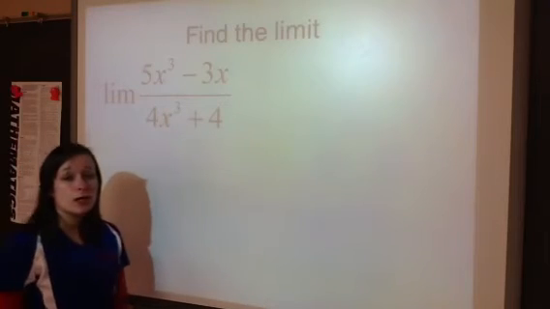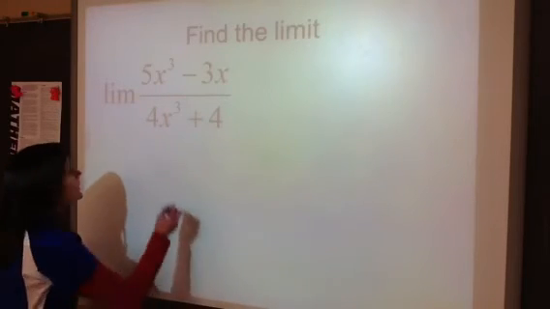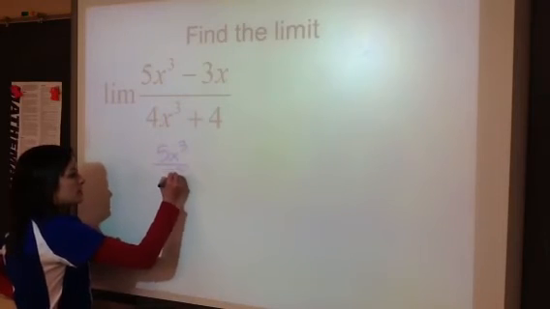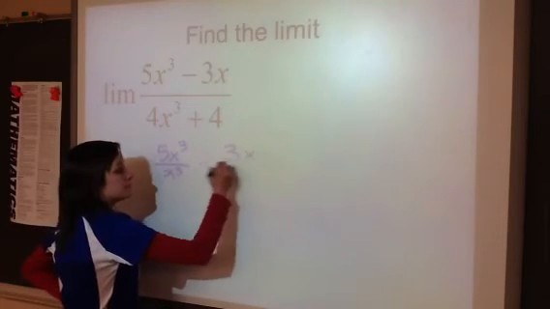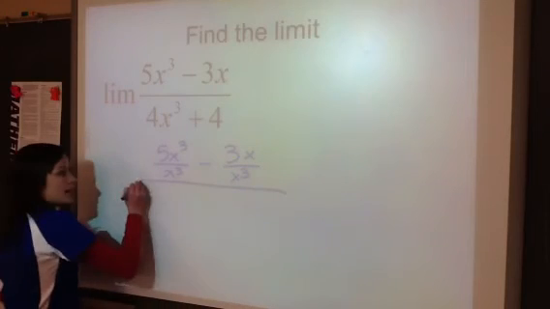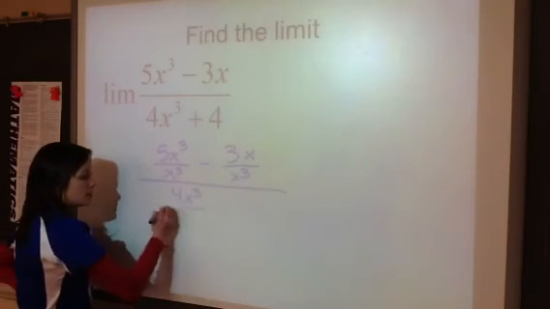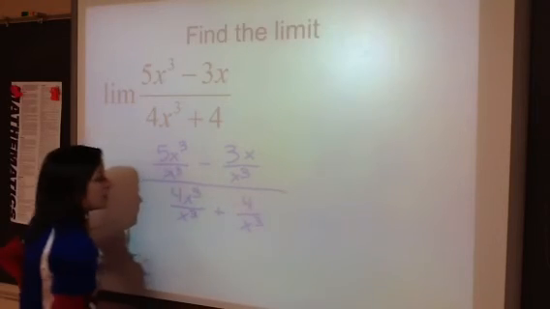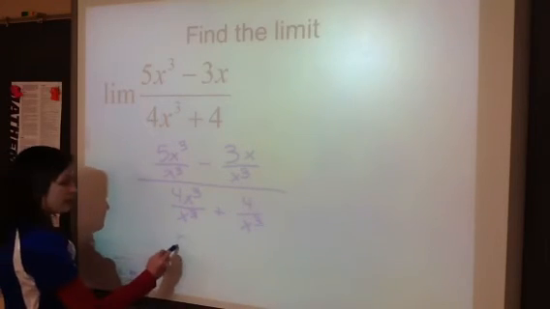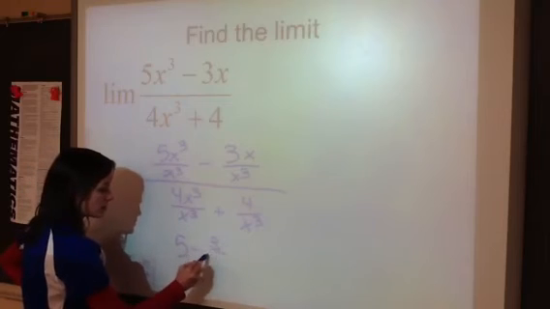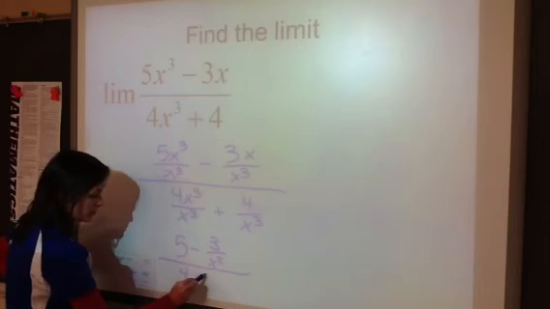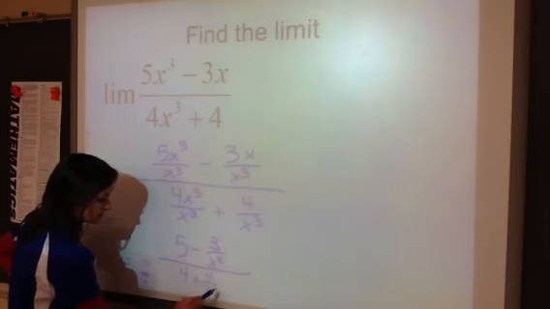See if you can do this one on your own. Divide each term by x cubed. Divide the bottom by x cubed. Alright, simplify. You get 5 minus 3 over x squared, divided by 4 plus 4 over x cubed.